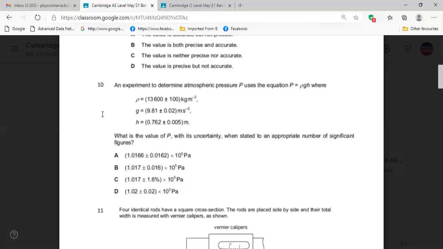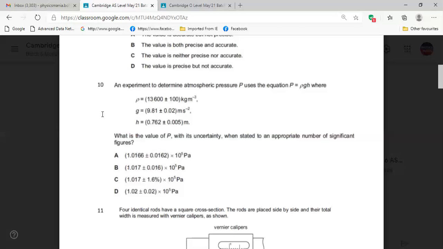Let me check it. It's looking like B, but they are saying two significant figures. If you are choosing B, then the measured value, you are getting four significant figures, right?